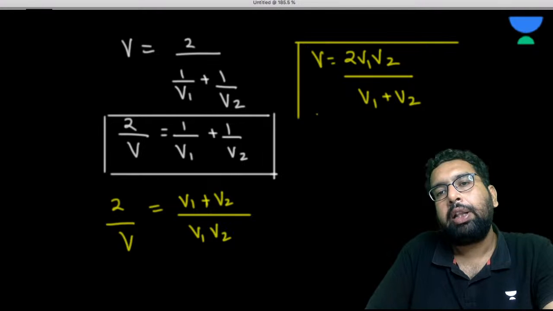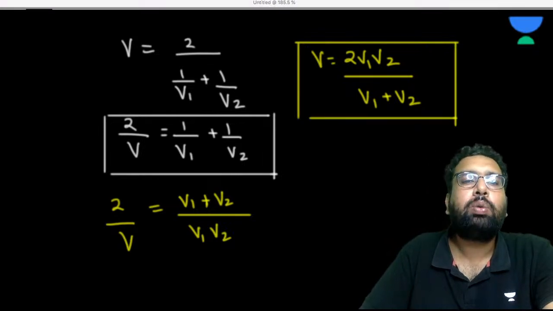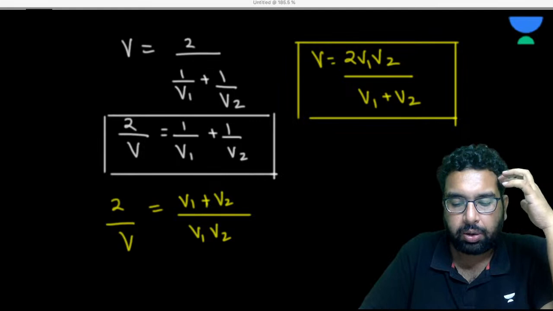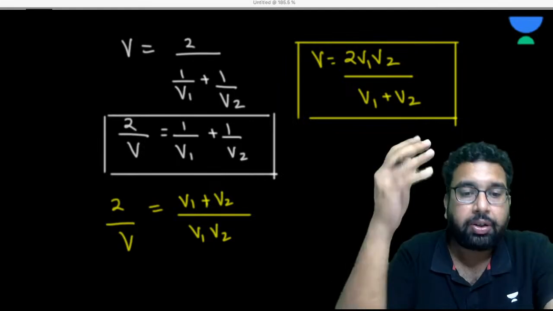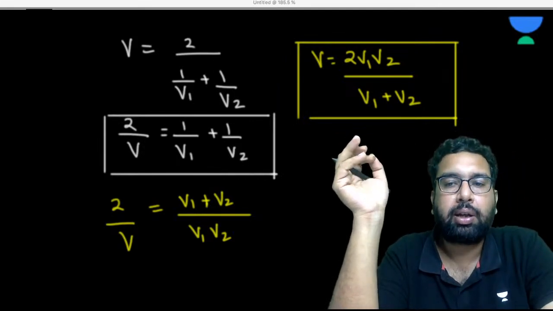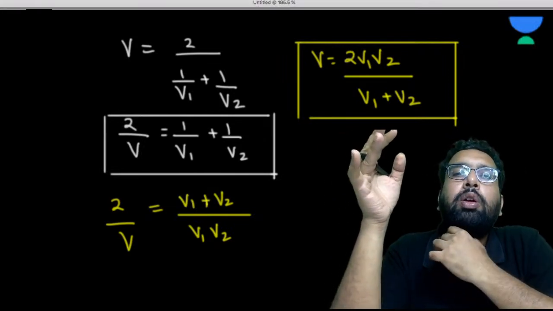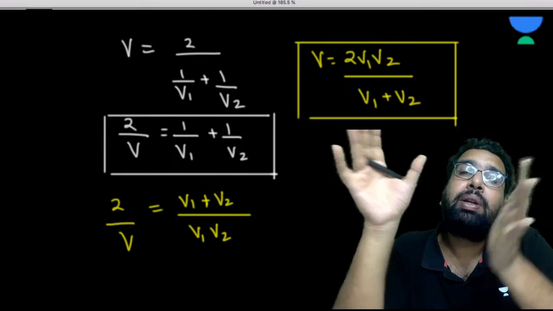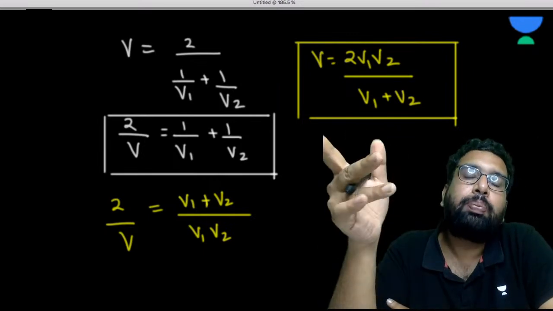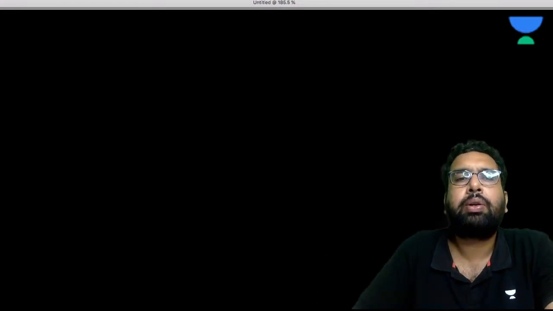Okay. Now please understand this. You can use this as a generalized expression also. ठीक है? आप इसको एक generalized expression की तरीके से भी use कर सकते हो. How so? See, if someone has moved the same distances at unequal speeds, you can use this formula. Let's suppose I'll just try to generalize this.